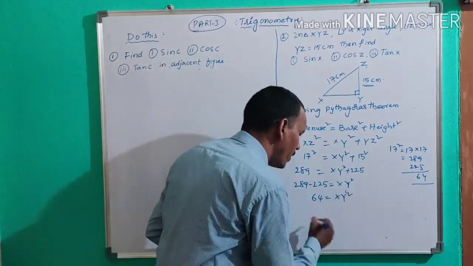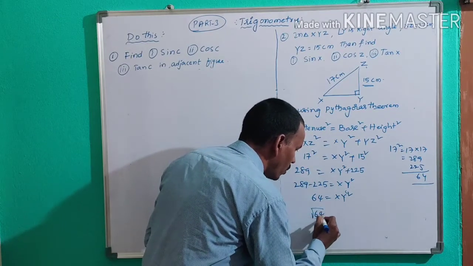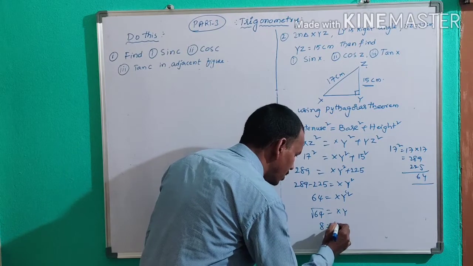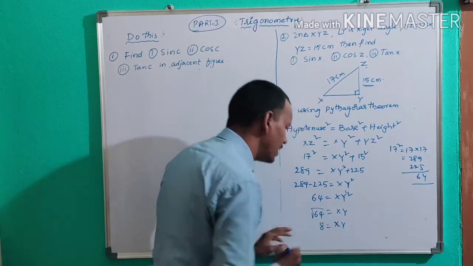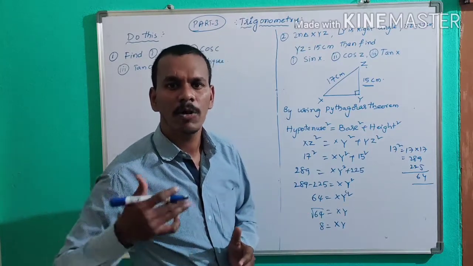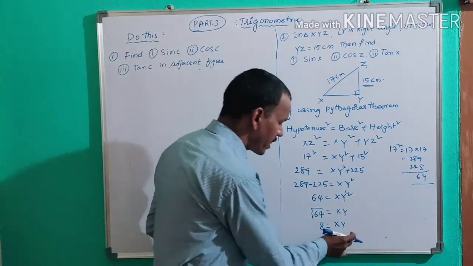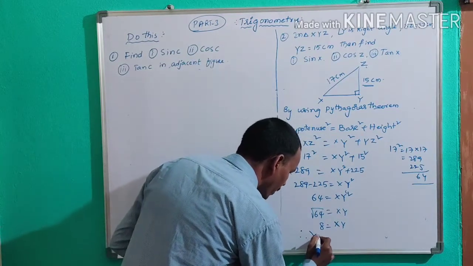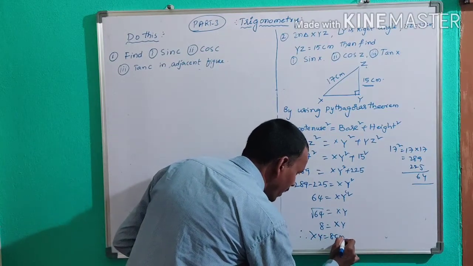Now the square becomes root 64, so XY is equal to root 64, which is 8. It is plus or minus 8, but distance cannot be negative. That's why XY is equal to 8 centimeters.